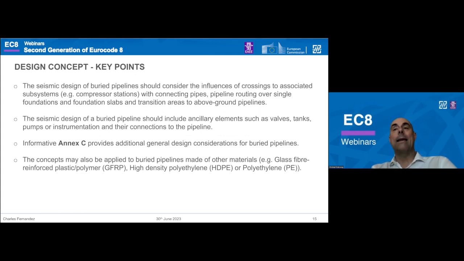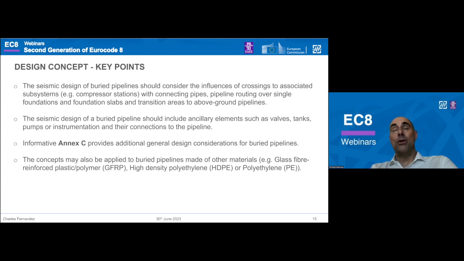They are provided in Annex C. So I really recommend to check Annex C, because there are really reasonable approaches, and they can improve a lot the seismic behavior of a pipeline, especially close to faults. There are some proposals to improve the safety, and this cannot be substituted by a more refined or more advanced analysis.